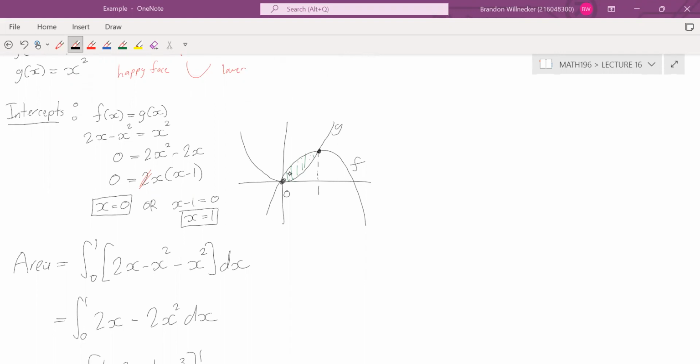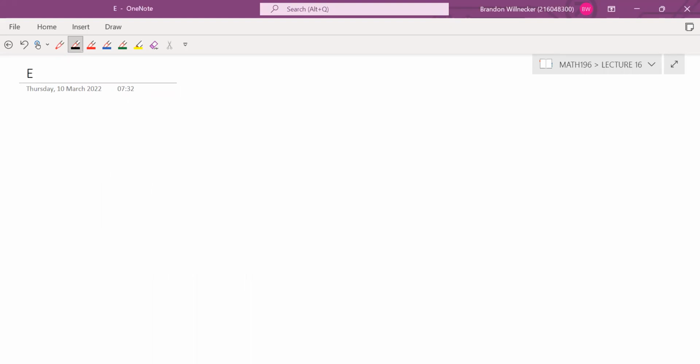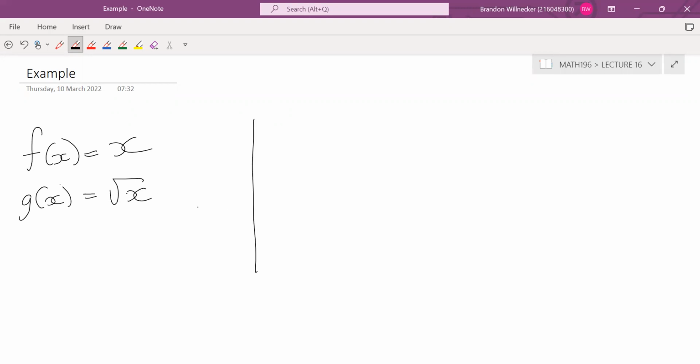Okay, let's take a look at another example. Okay, so let's say we have f of x is equal to x and g of x is equal to root x. Okay, so we can do a quick little sketch of these two functions just to see what's going on.